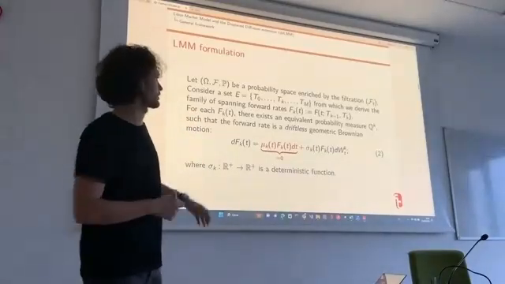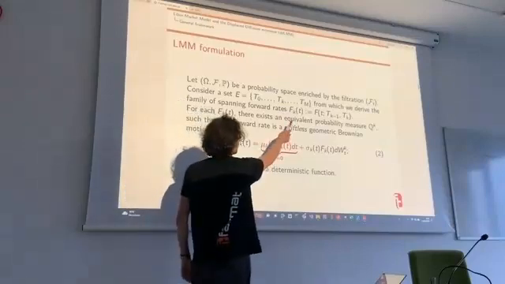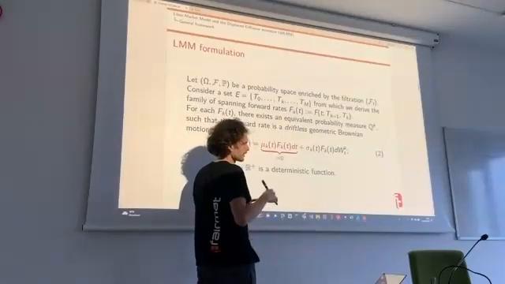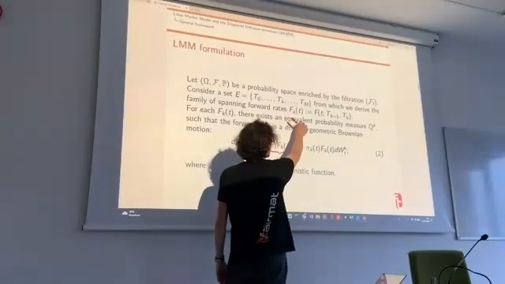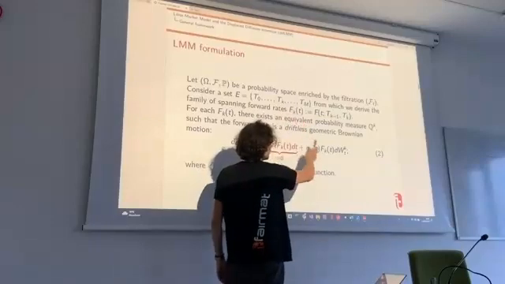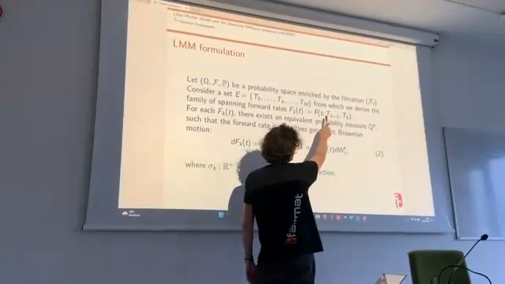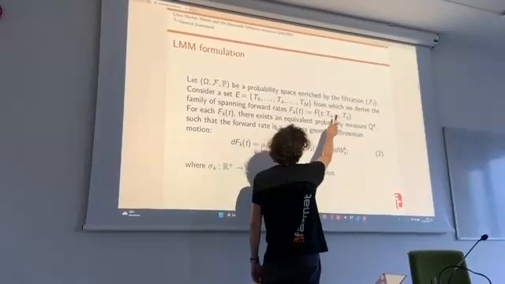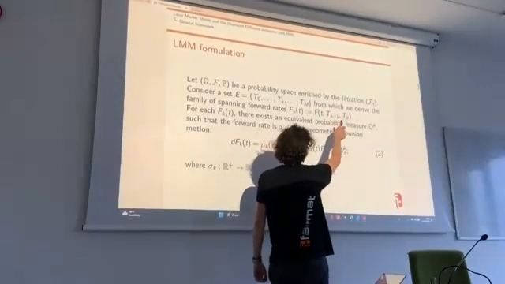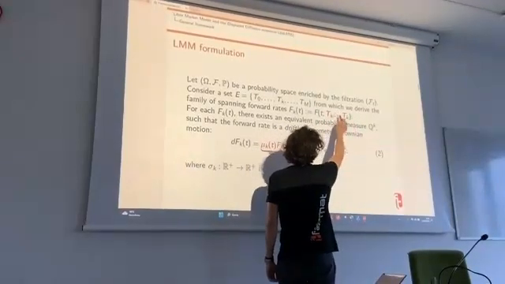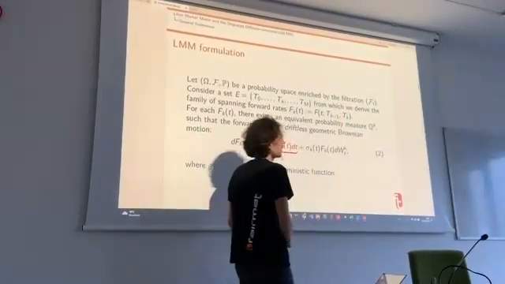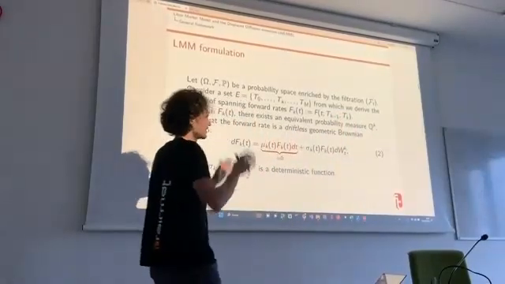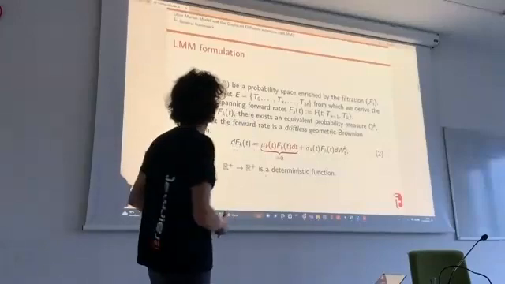Here, for simplicity, we squeeze the notation, and we use F_k(t) to denote the forward observed at time t with maturity T_k and expiry T_{k-1}.